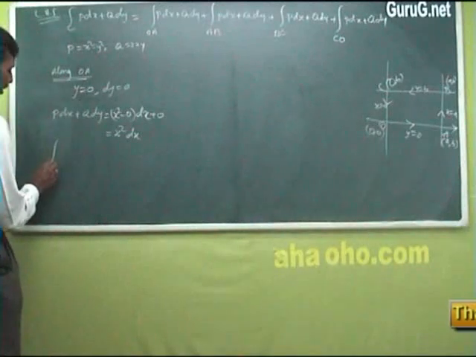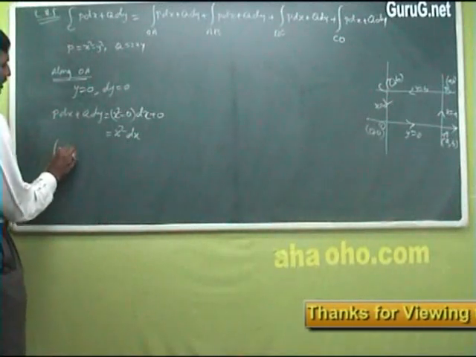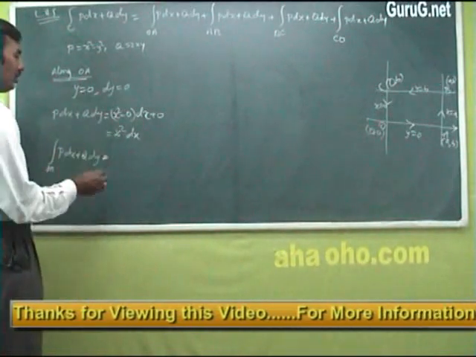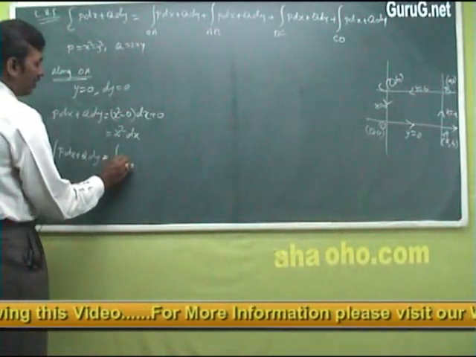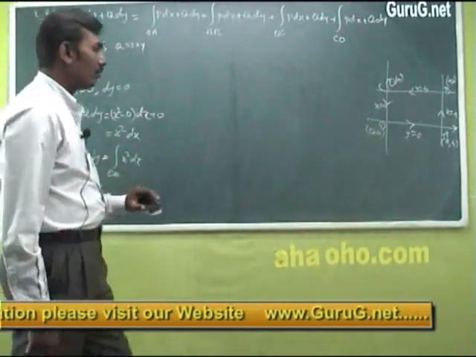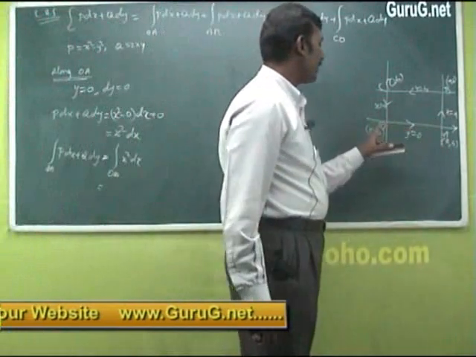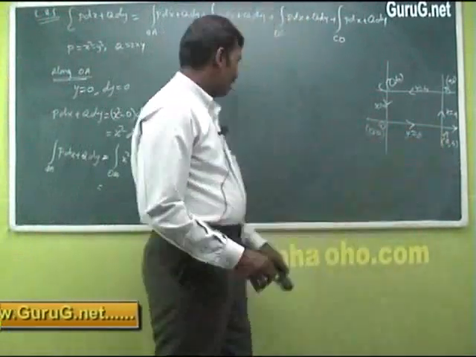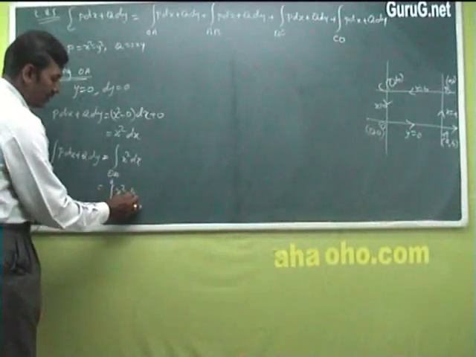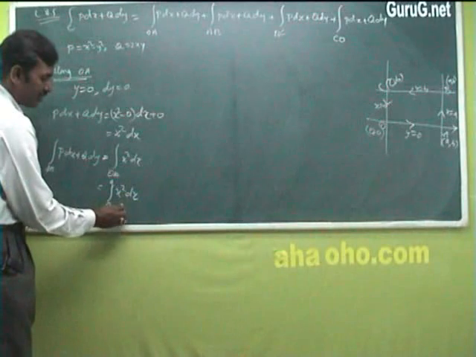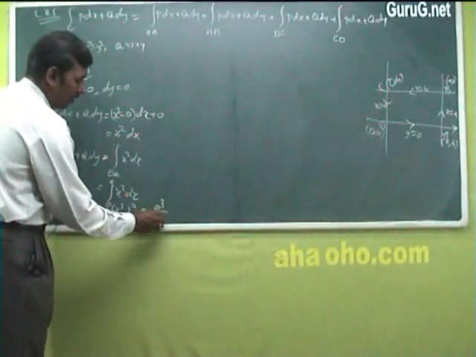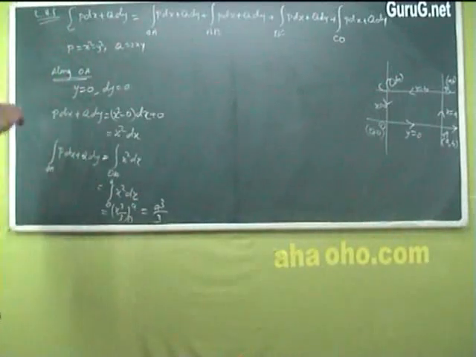So integral over OA p dx plus q dy equals integral over OA x squared dx. In this line OA, x varies from 0 to a. So integral 0 to a x squared dx. Integrate this, x cubed by 3, 0 to a. This is equal to a cubed by 3.